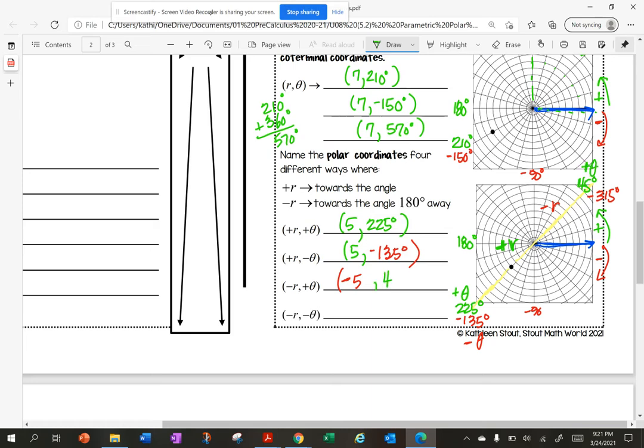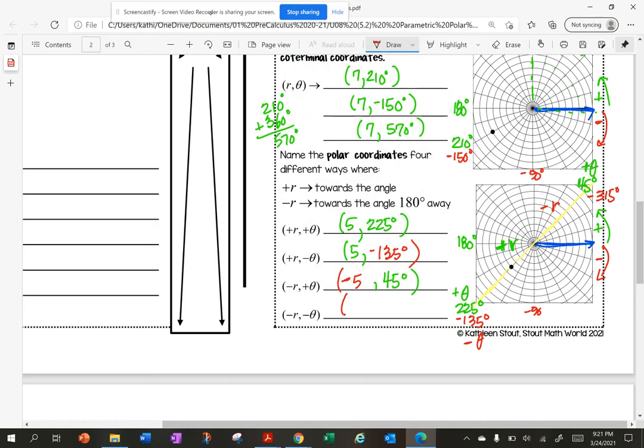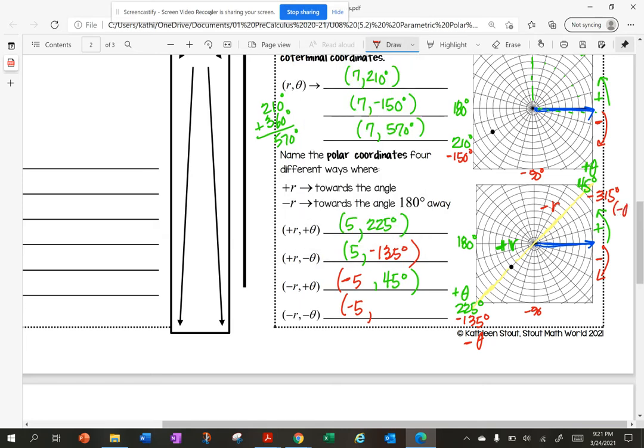So this is going to be negative 5, positive 45. And then in the negative rotation, negative 5, and my negative rotation at this angle is negative 315 degrees.